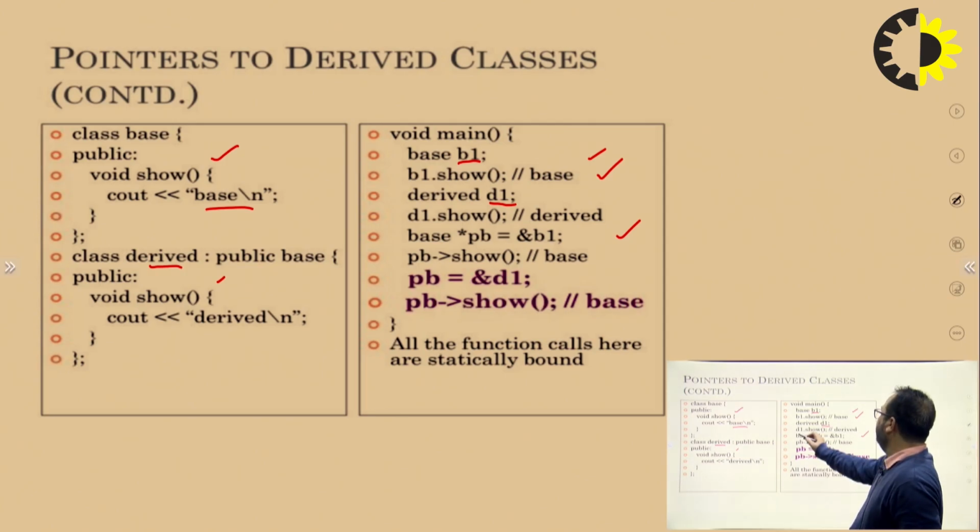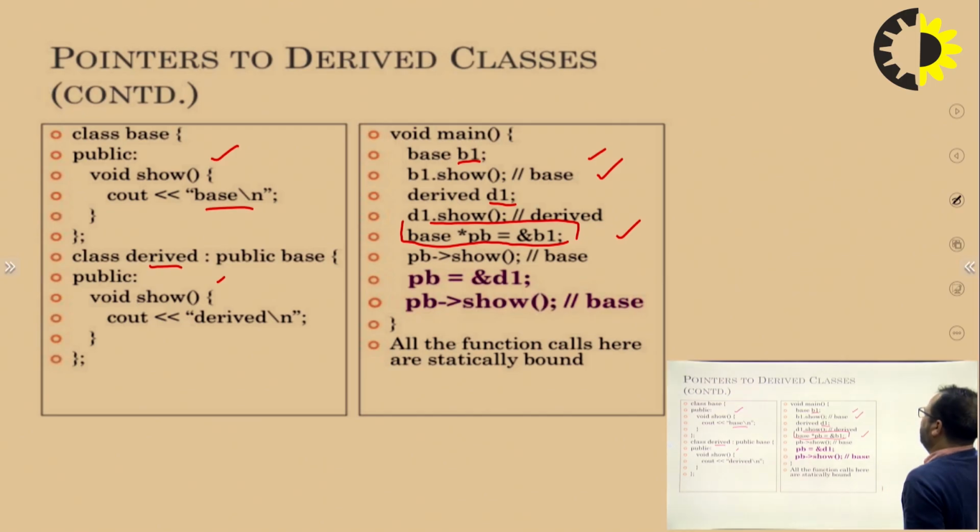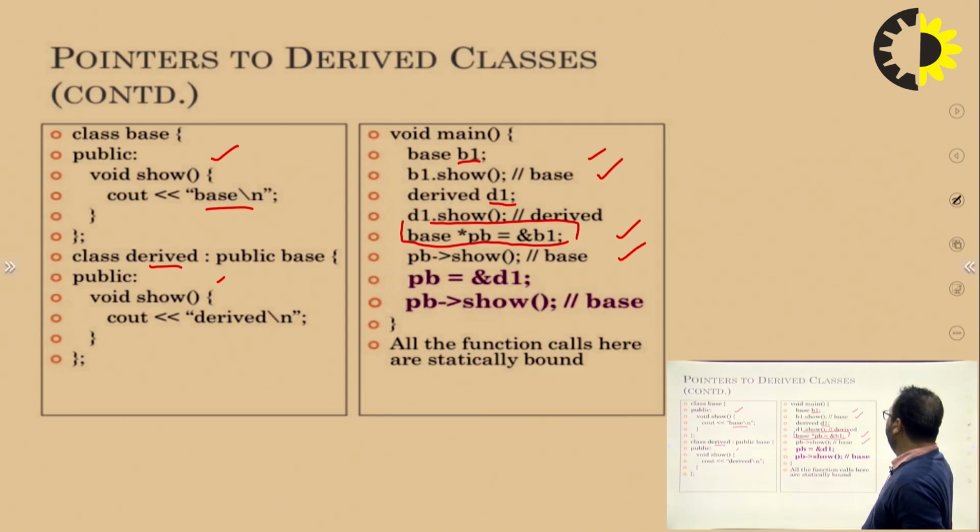Now we have created a pointer PB, which is a base class pointer, because we have assigned the address of a base class object. If we invoke the show function, pb.show, it will simply print base, it will not print derived.